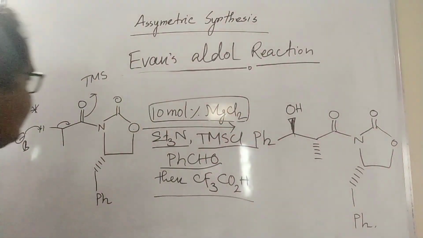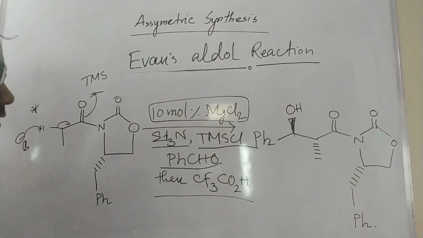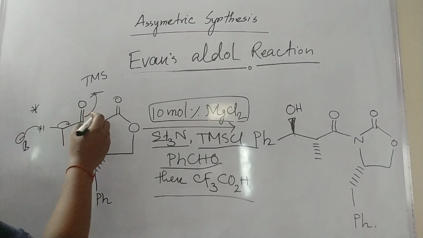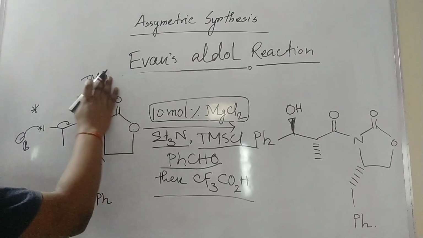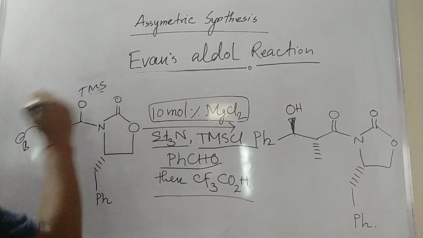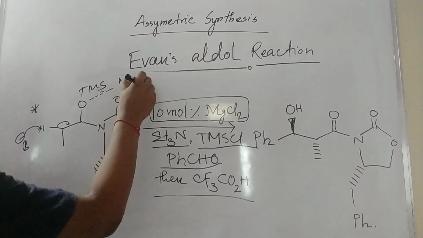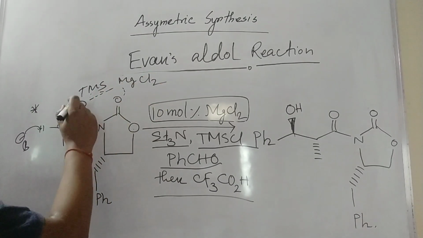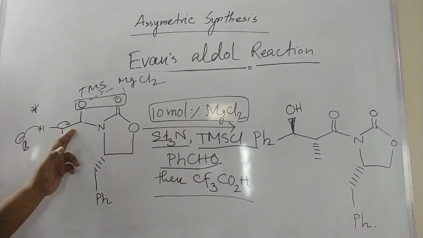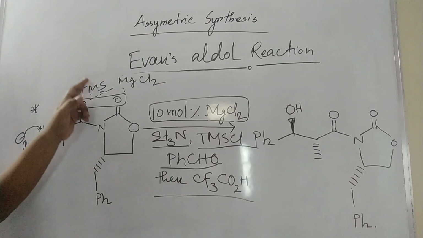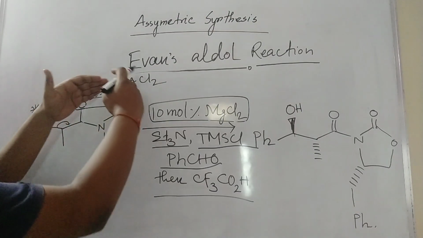Here the final product has OTMS. And what will the magnesium chloride do? It will chelate both of these oxygens. Previously the base would take the proton, form the enolate, and this oxygen would stabilize as OTMS, and the magnesium chloride forms the chelate with both of these.